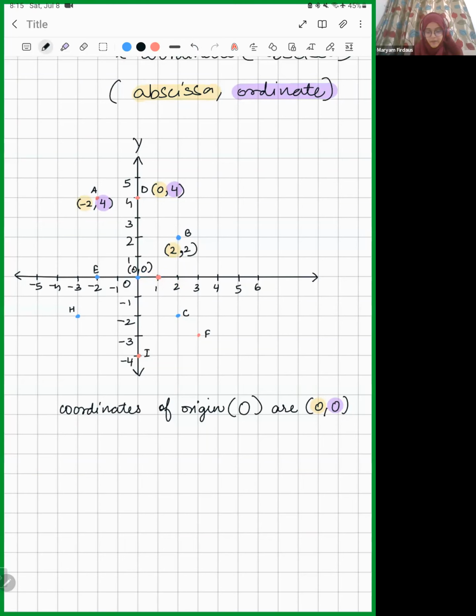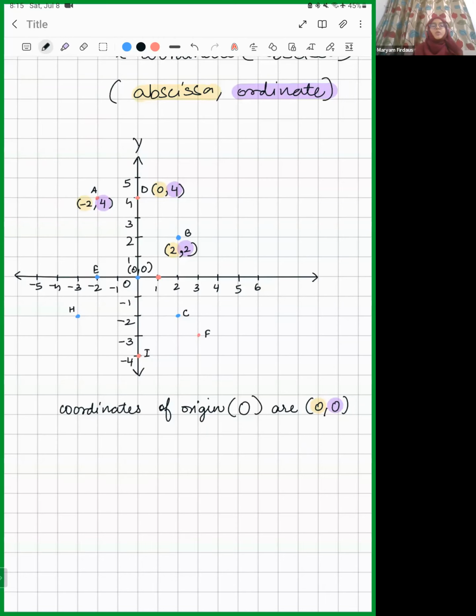Okay. All right. Now, Zen, your turn. Point E. From E to where? No. Whenever I ask you what is the coordinate of so and so point, you are always going to start at the origin.